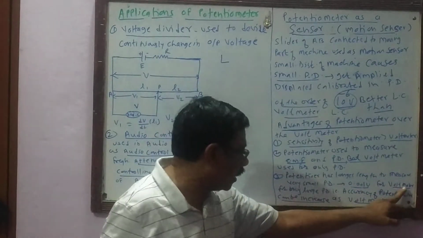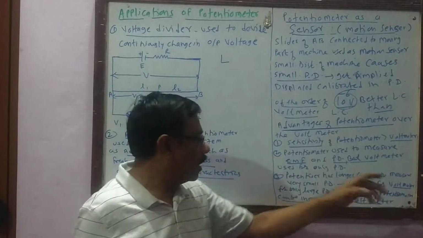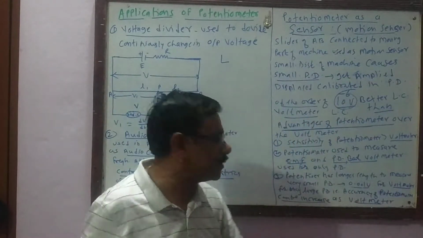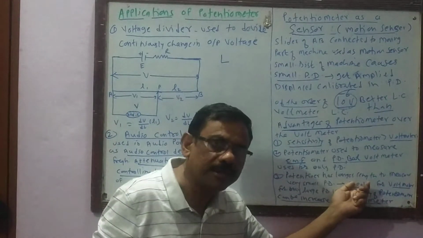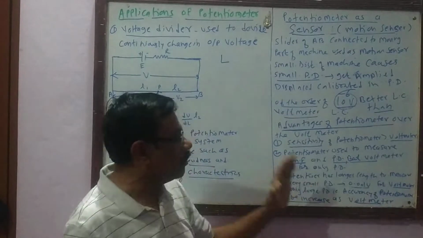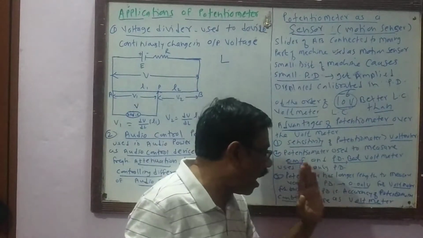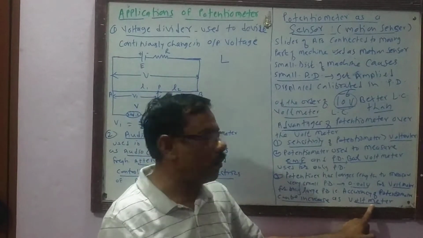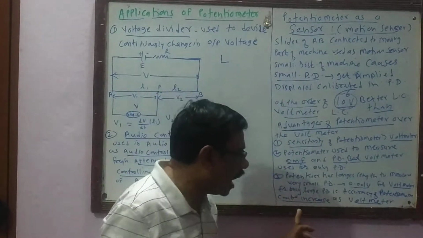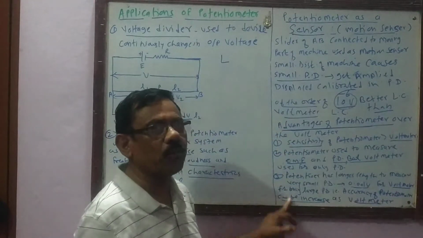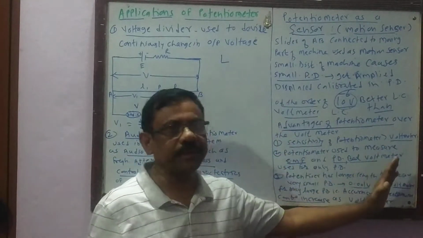But the voltmeter is not useful to measure a small PD. It does not show a deflection for such a potential difference. Hence the potentiometer is more accurate as compared to the voltmeter. That is, the accuracy of the potentiometer is much larger than the voltmeter. These are the three advantages of potentiometer over the voltmeter.